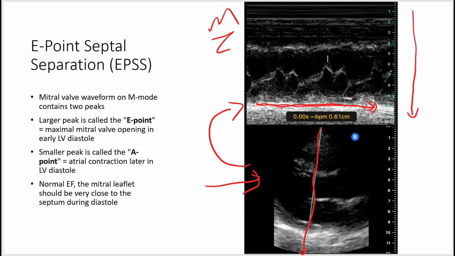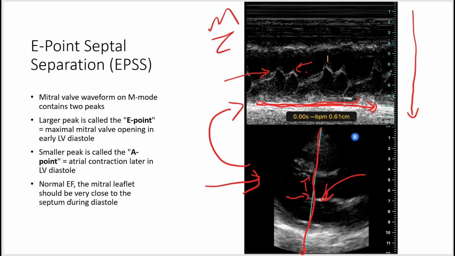So that's showing here. Here we have the anterior leaflet of the mitral valve. As the heart goes into early diastole, this leaflet goes all the way up, almost hitting the septum. Then in late diastole, it also moves up, but to a lesser degree towards the septum. So as it's moving in time, going from left to right, you see a larger peak and then a smaller peak.